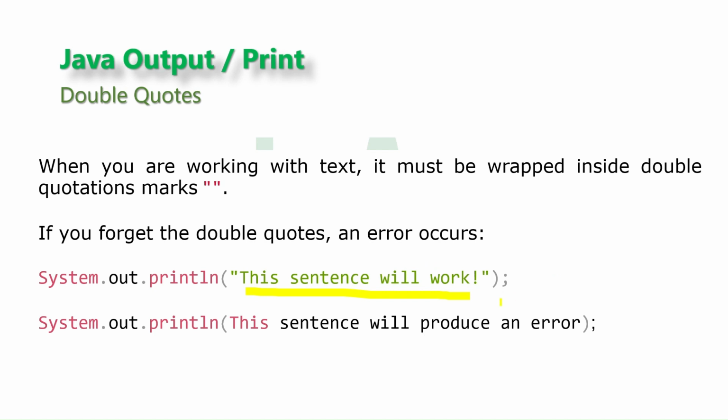In this way the syntax is correct, and the message is printed on the output screen. If the double quotation is not there, it will give an error message on the output screen. In this sentence the double quotes are not present, so it will give an error message on the output screen. Like this, the required message will always be kept in double quotes only.